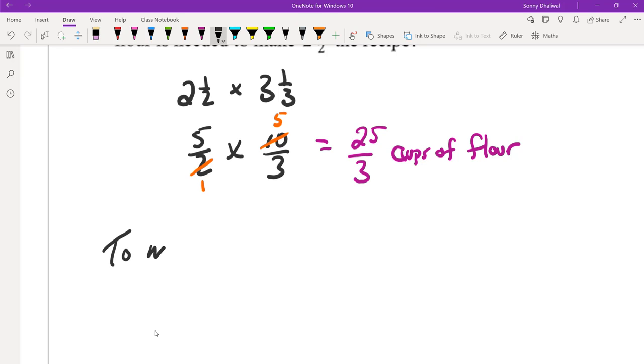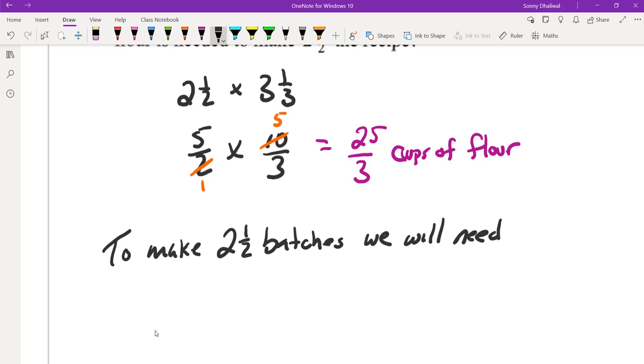To make 2.5 batches, we will need 25 over 3 cups of flour. Oops, that's wrong flour. Thank you.